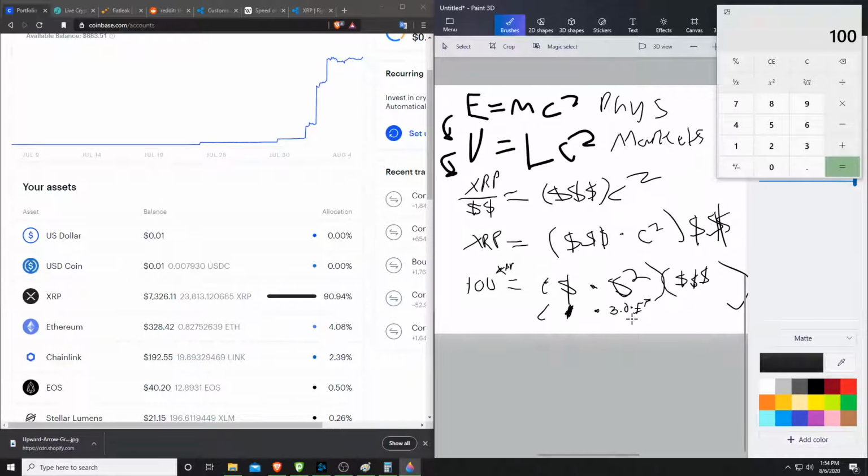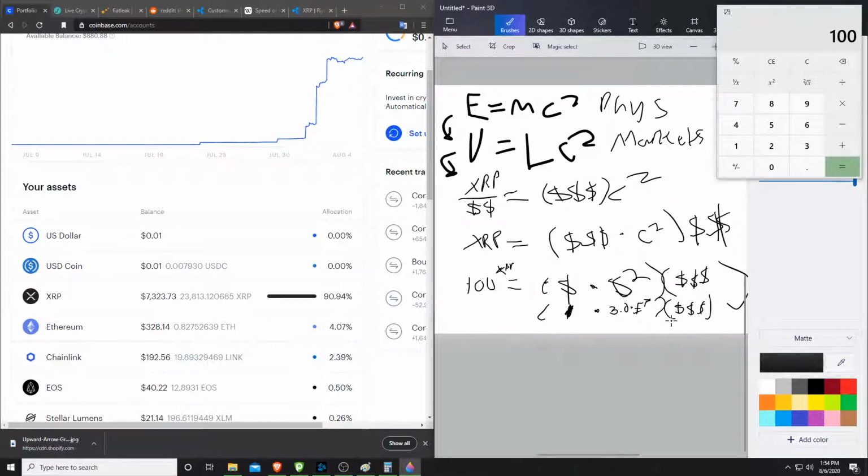So 300 million meters per second. I'm not exactly sure what the scientific notation of that is. Okay. Times the amount of dollars that we have converted, the amount of dollars that we have in XRP.